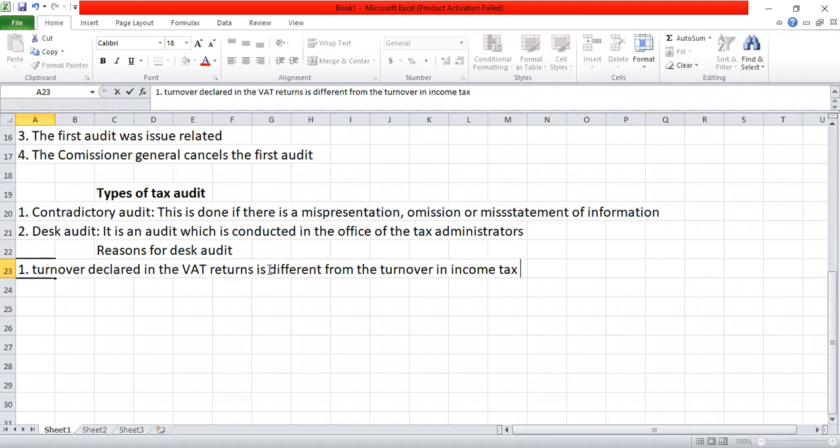So if the sales declared in your VAT returns, because every month you make a VAT declaration, are different from the sales in your income tax, then a desk audit is going to be conducted.